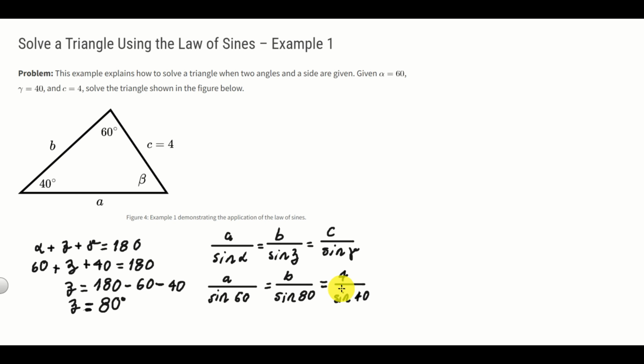From these equations, we can express A and B. Let's do that. By combining this part over here and this part over here, we can actually compute A. A is equal to 4 multiplied by sine 60 over sine 40.